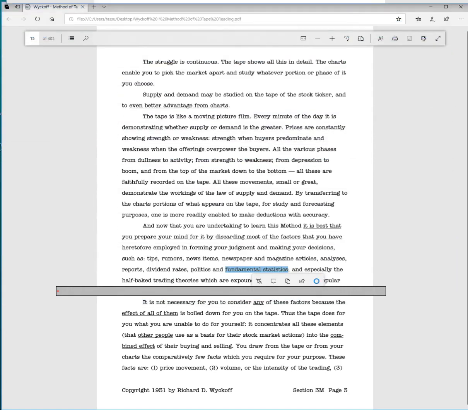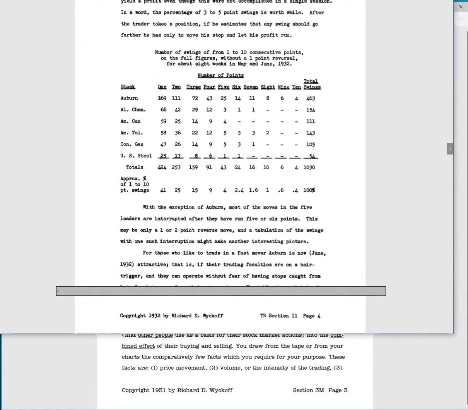Let's see, I'll find another example here. The number of swings, rotations, basically from 1 to 10 points. You see? This stock at that time, Auburn, has 169, where it was one swing that had 1 to 10 right here, that's the number of swings, and this is the total number of swings.